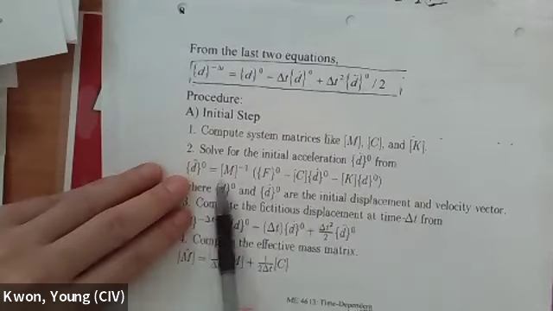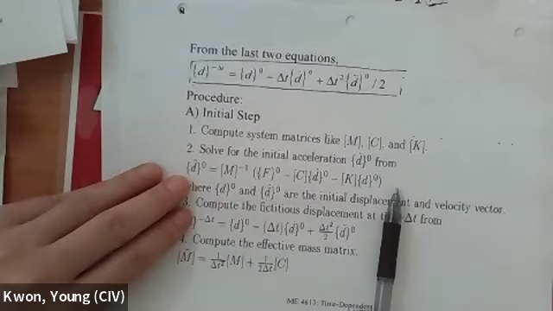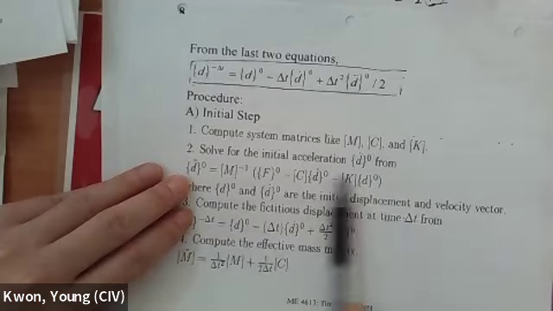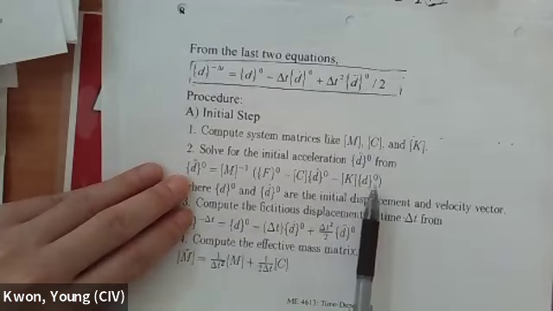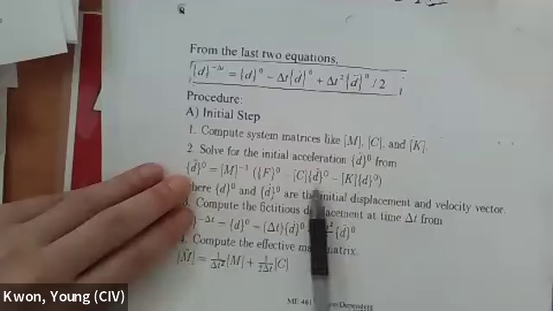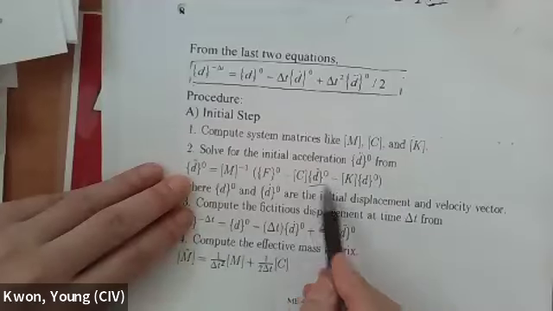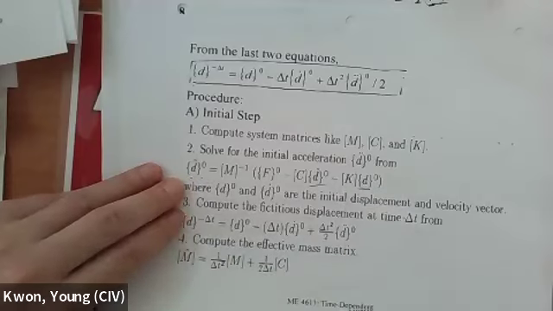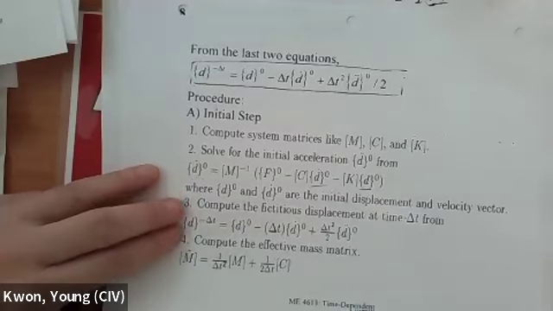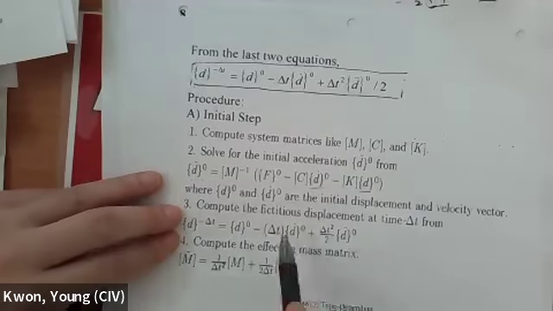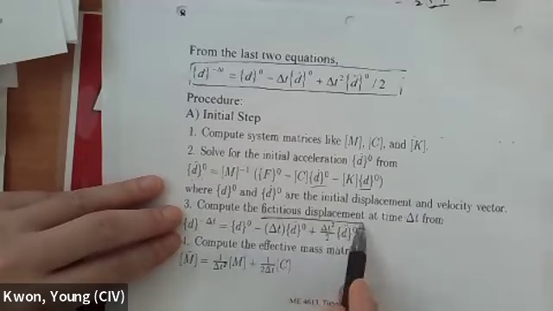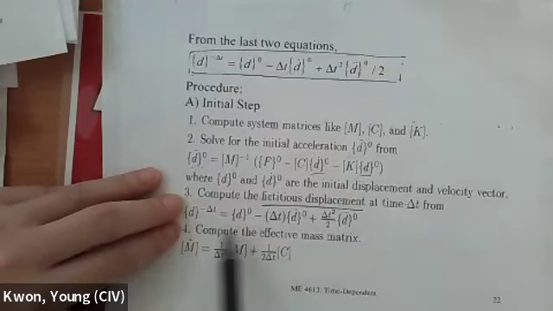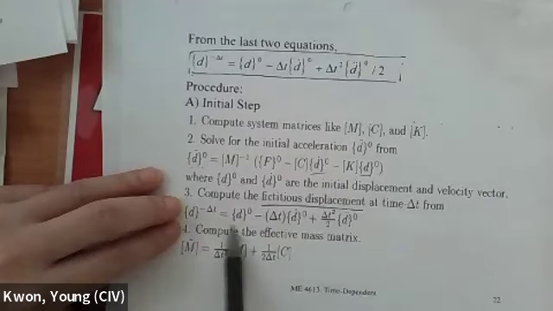And then by solving the initial dynamic equation, you calculate the initial acceleration, because the initial condition is the initial velocity and initial displacement. Those are given as the initial condition. So from there, you calculate the initial acceleration from here.